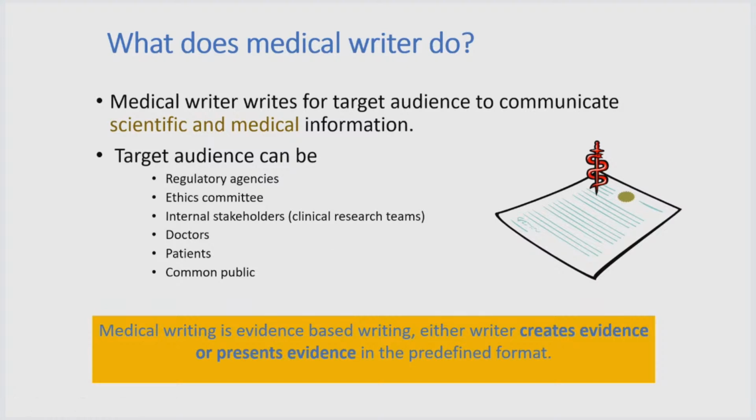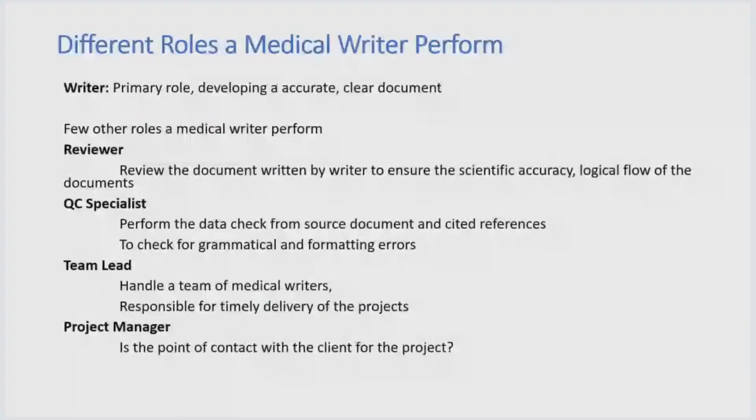Now, sometimes you go to Naukri portals and you want to find which role you should be applying for, what the roles are in the medical writing function. Of course the writer is very straightforward, as we have learned, that is the primary role to develop accurate and clear documents. But there are other roles also in medical writing.